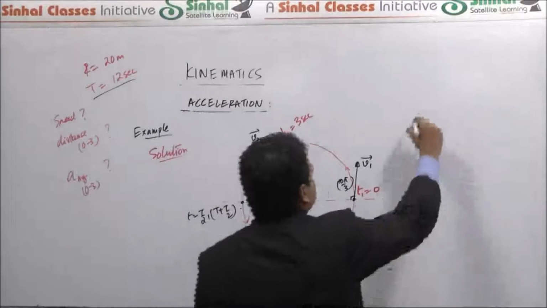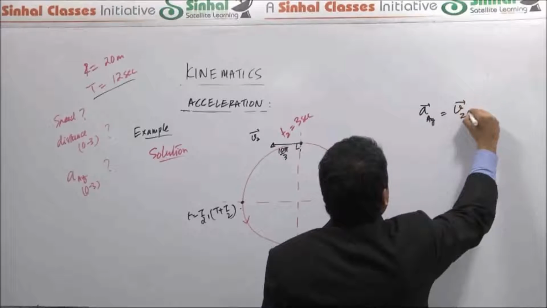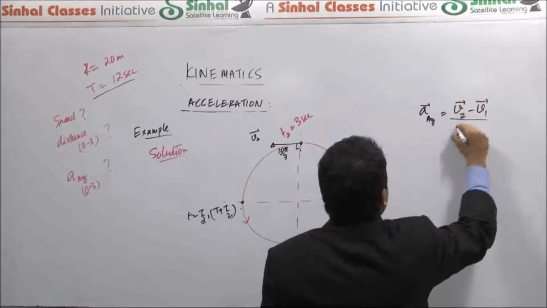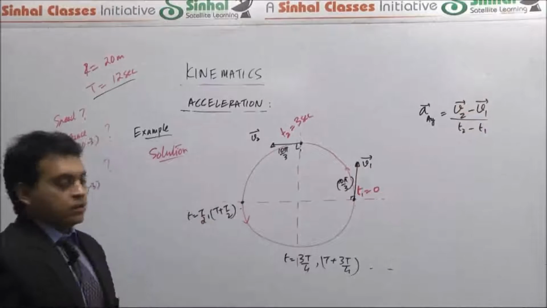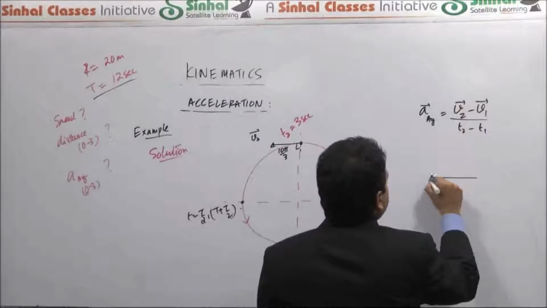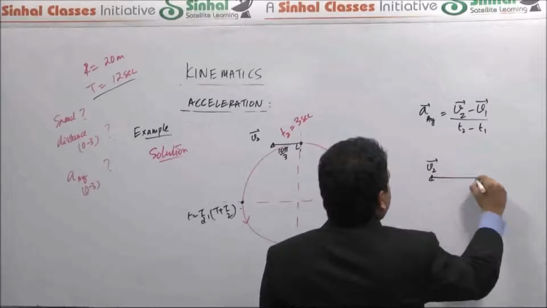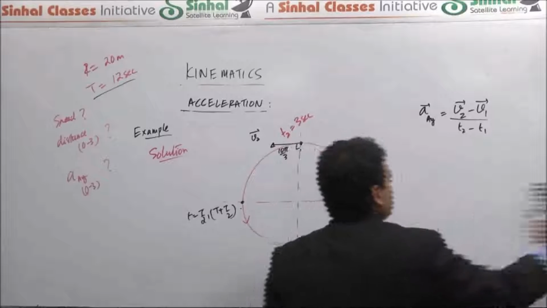Its magnitude is 10 pi by 3. So average acceleration, remember, is change in velocity upon change in time. Okay. So just thinking in terms of a vector diagram, we can see that, apologies there.